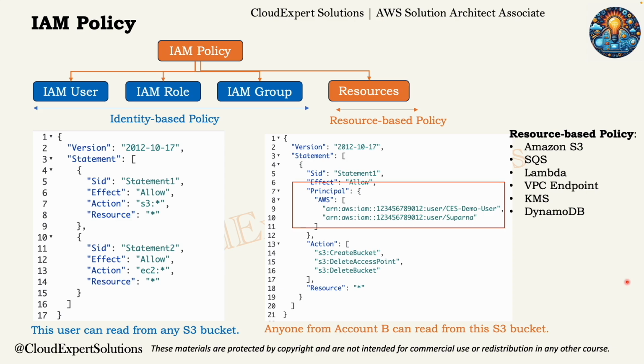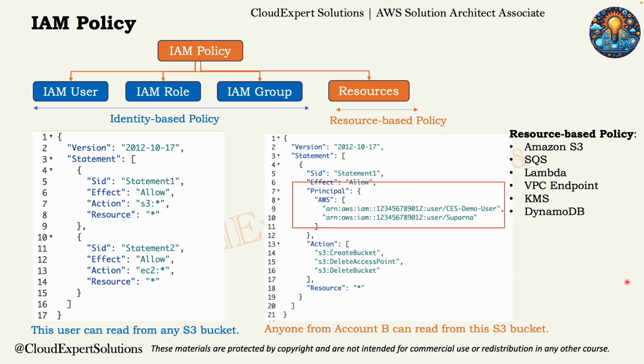If you carefully observe the difference between the two, the resource-based policy has a principal component which is missing from any identity-based policy, because an identity-based policy is attached to a user, role or group. That is why we know who the principal is, and the principal is not required for any identity-based policies.